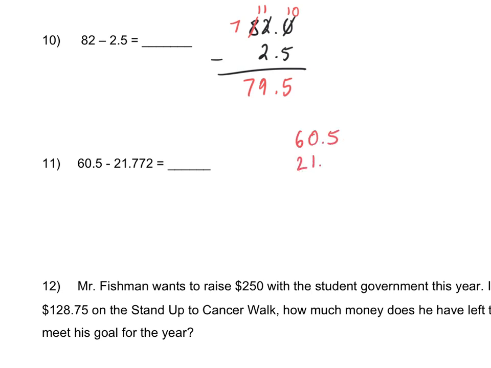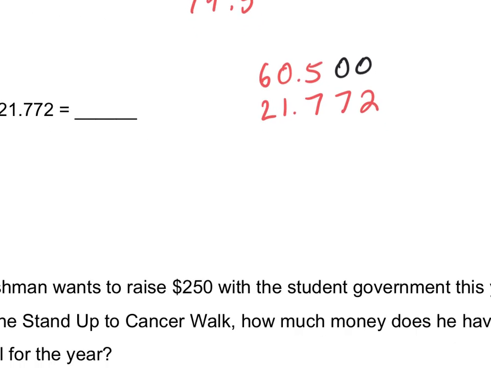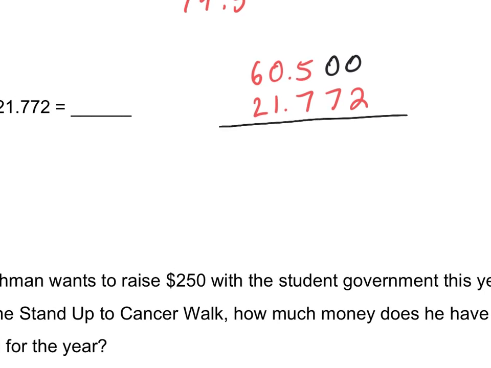My next one, let me line those up. 60.5 minus 21.772. I'm going to add those zeros for my placeholder spots there. And subtract. I can't do 0 minus 2. Now I need to turn this into a 4, make this a 10. Now a 9, and then a 10 here.